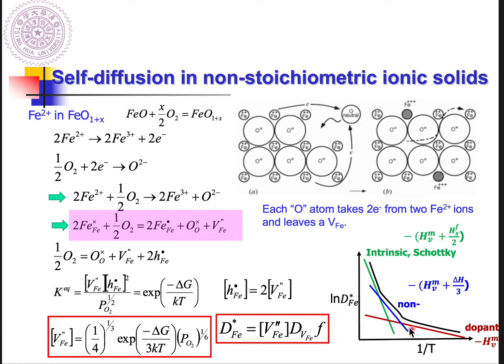And within this region, if you decrease the partial pressure, the diffusivity will change in the meantime. So this is how this material can be used as an oxygen sensor.